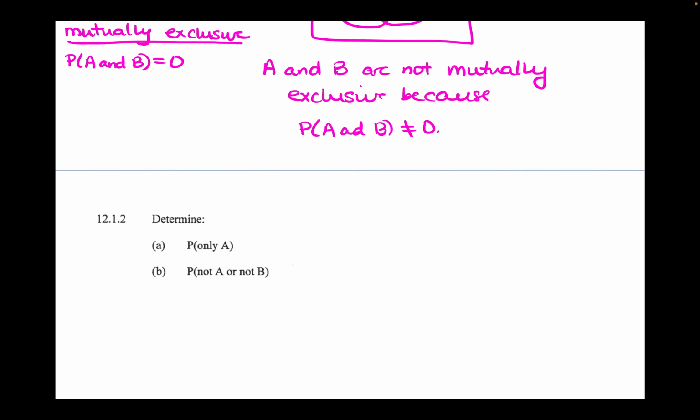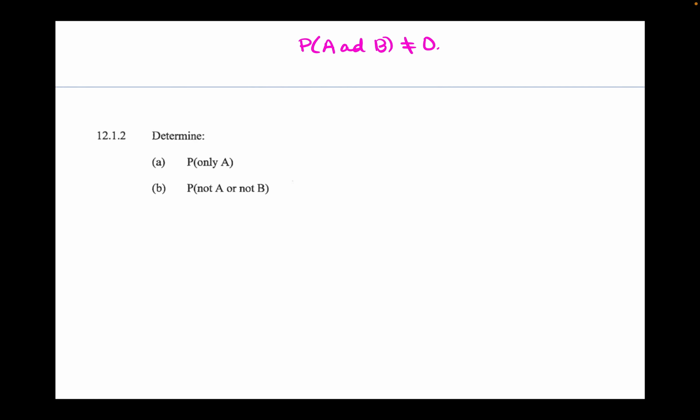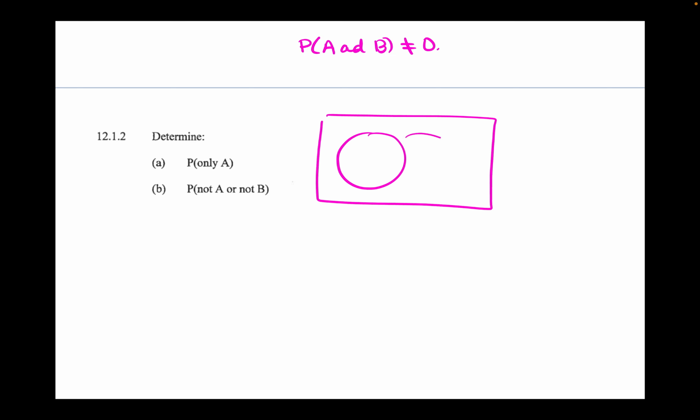Okay, let's keep going. Determine the probability of only A. Well, our Venn diagram could be helpful here also. What we're looking for is this probability here of only A, and we know again that the probability of A and B is equal to 0.3.